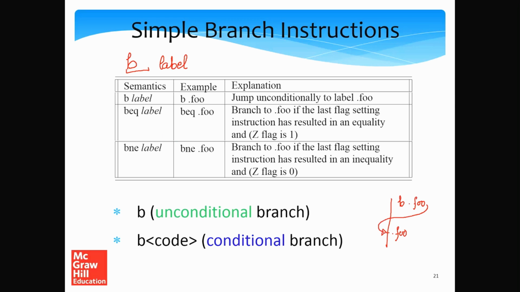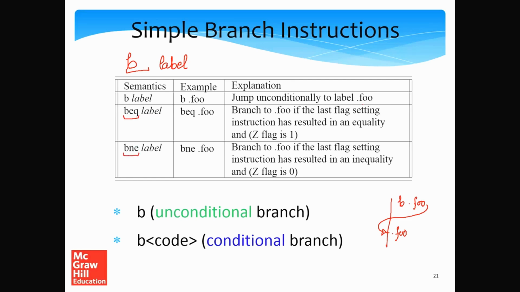So the basic and the simplest instruction is an unconditional branch B. An example would be B .foo, which would jump unconditionally to label .foo. Similar to Simple RISC, we have BEQ, branch if the flags indicate equality, and BNE, branch if the flags indicate inequality.